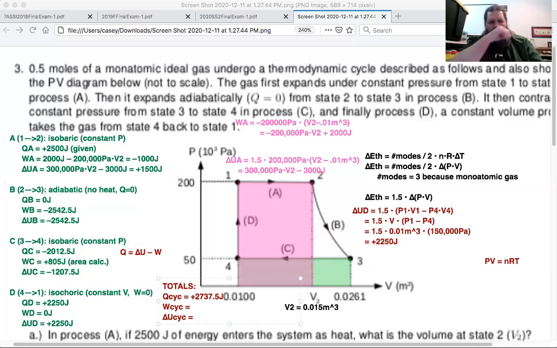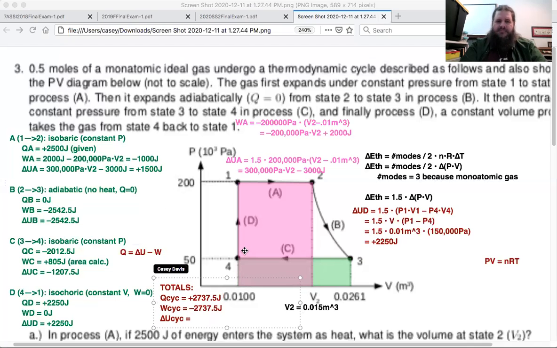And then we add up all the work. We got negative 1,000 plus negative 2,542.5 plus 805 plus 0. And I'm getting negative 2,737.5. Why are those exact opposites? Why do those have to be exact opposites?